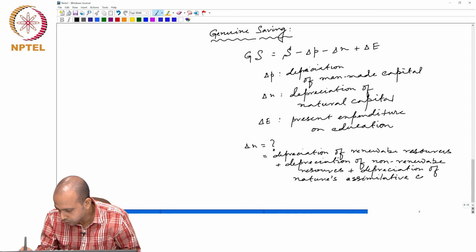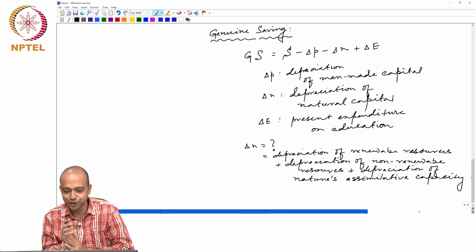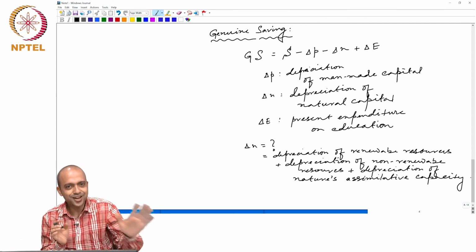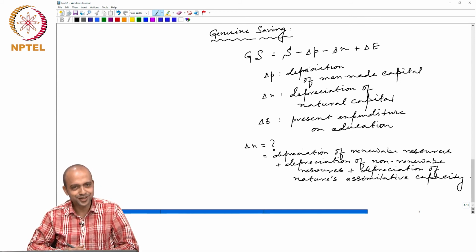So, we need to deduct the value of all this depreciation, and that is exactly what we did in the context of getting green national product, green NNP.